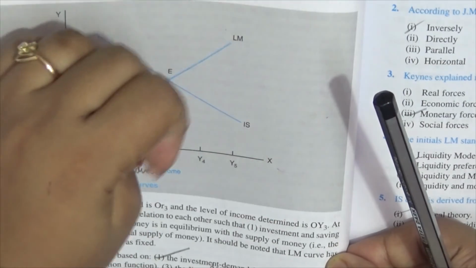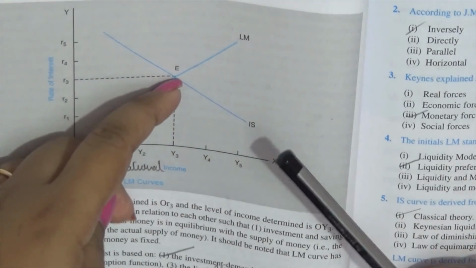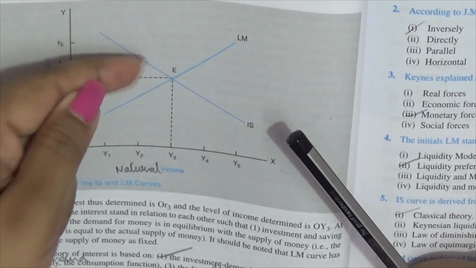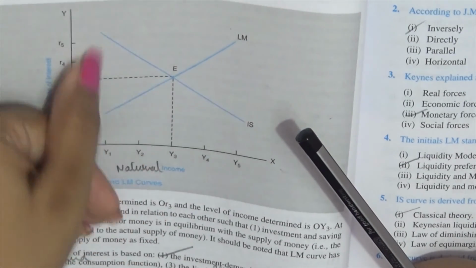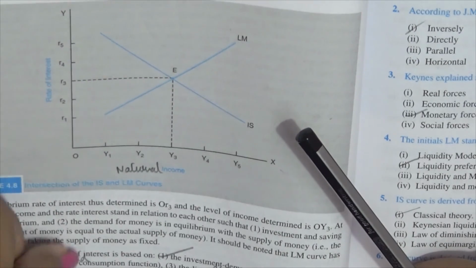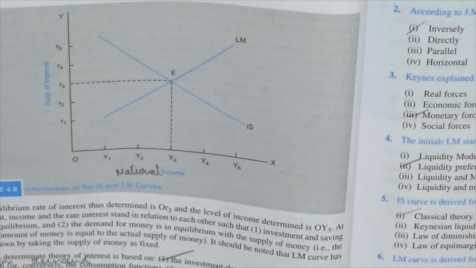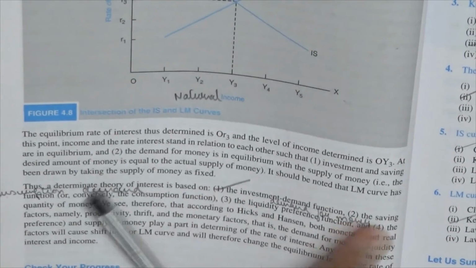These are the 4 factors on which the theory of interest depends. What Keynes was not able to determine, Hicks and Hansen, with the help of the classical theory and the Keynes theory, determined that the theory of interest or the rate of interest depends on these 4 factors. This is what has been written, these 4 factors, 1, 2, 3, 4.